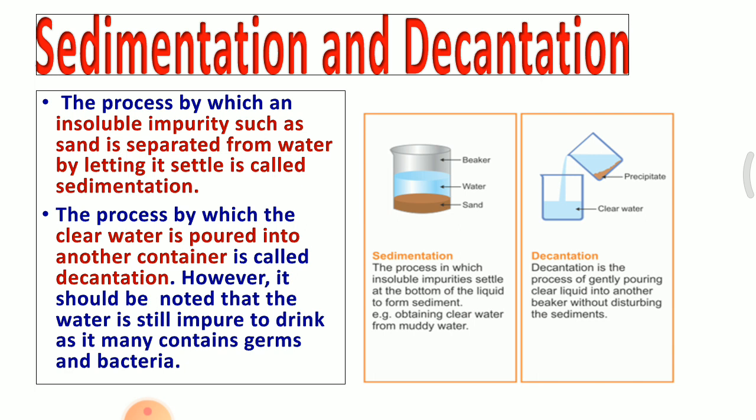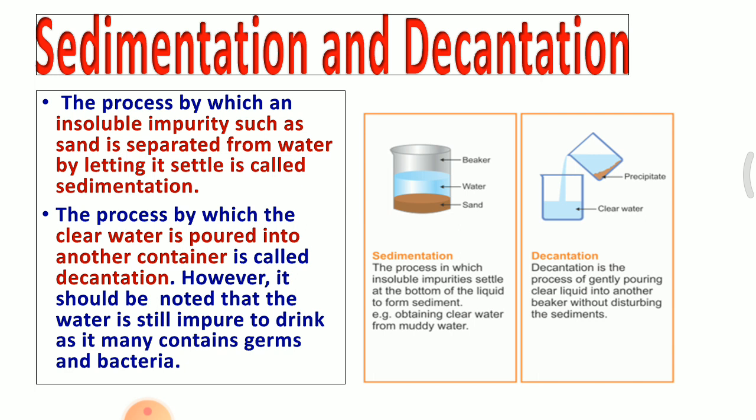Now you have to take one more tumbler. Without disturbing the sediment, you pour the water from this tumbler into another container. So from this we can remove the sand and stone from the impure water.